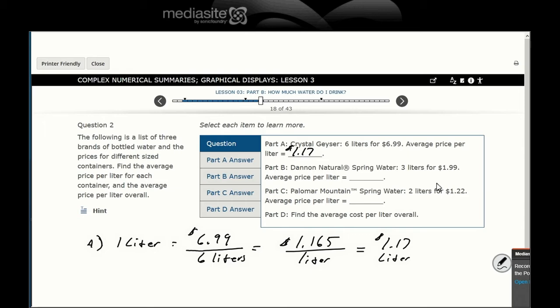Let's see, part B, Dannon water, 3 liters for $1.99.